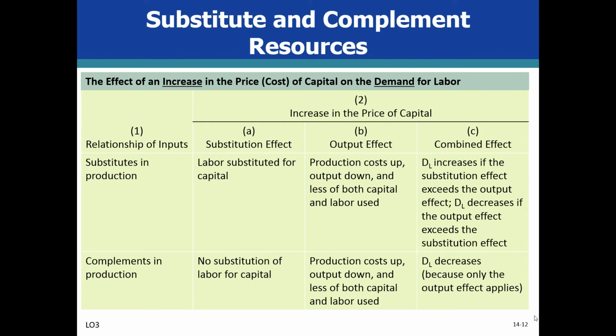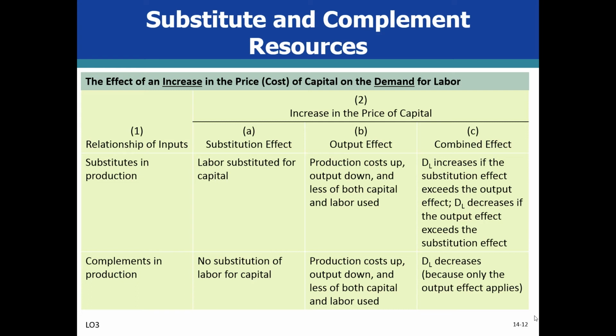However, the increase in the cost of capital has increased the overall cost of the project or output, and the output effect would be that less capital and labor are used in total. The net effect shown in column C depends if the substitution effect is greater or less than the output effect.